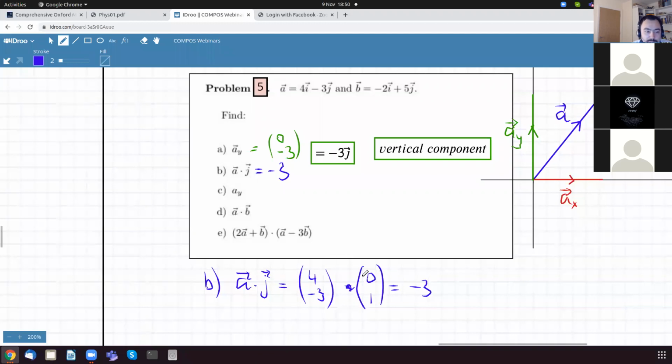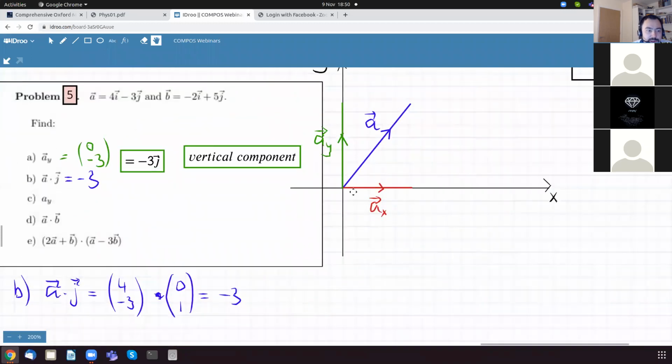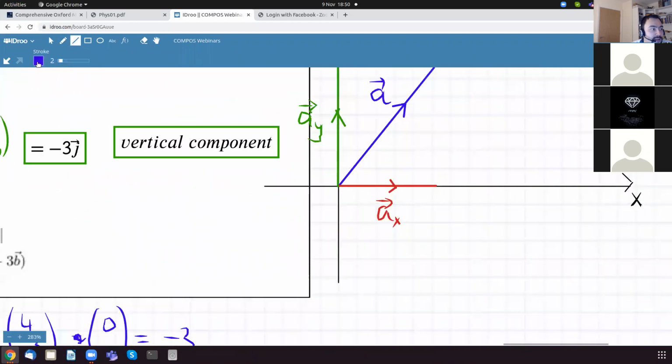Why is j (0, 1)? This is the definition of a unit vector in the y direction. This is vector j, a unit vector in the y direction. And this is i.